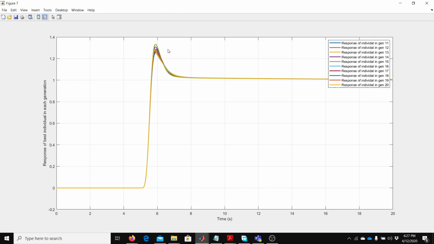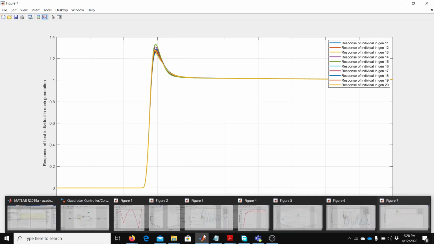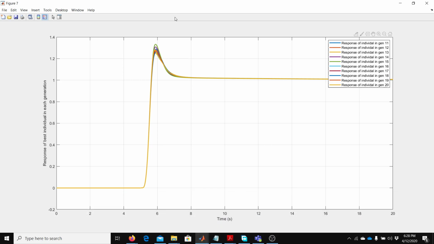But the settling time right now for these individuals must be really good. If we could plot settling time ratios, we would see that they are now decreasing, which means that even though we have some overshoot, we're now able to reach our desired steady state in less than 4 or 5 seconds, which is very good actually.